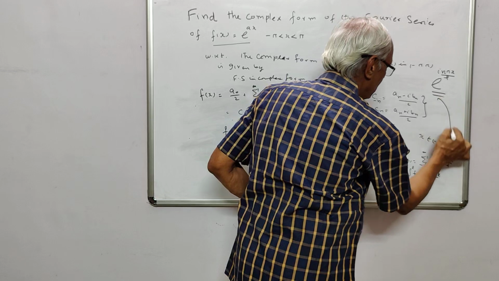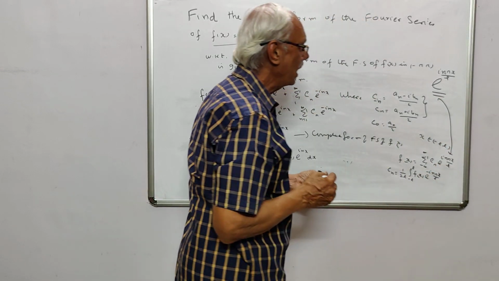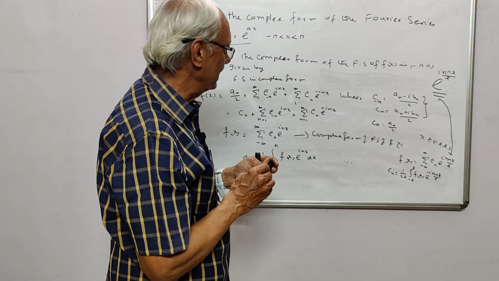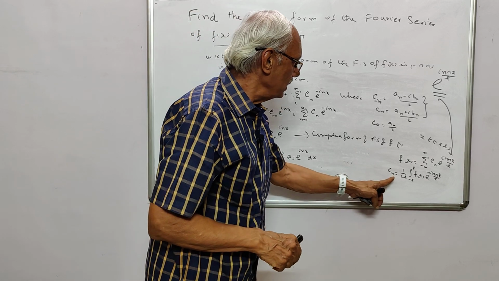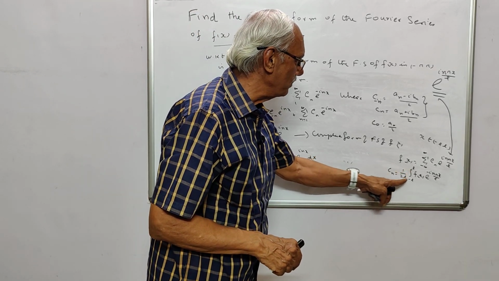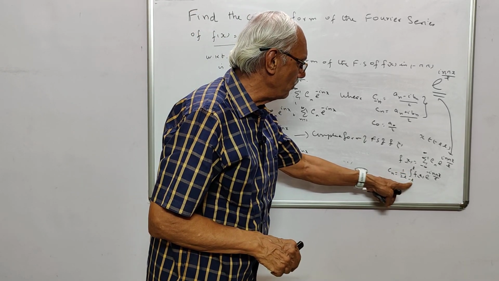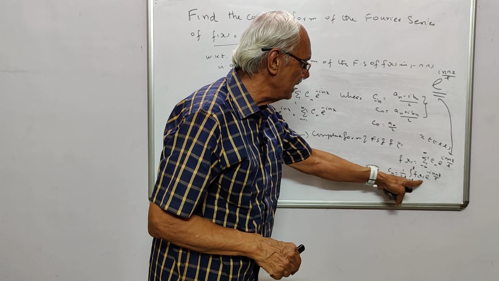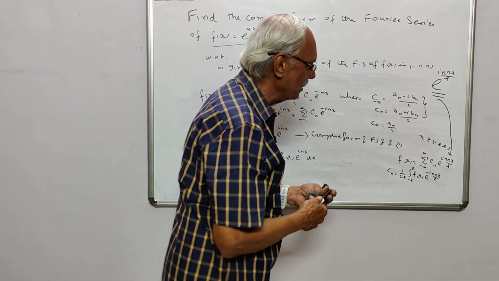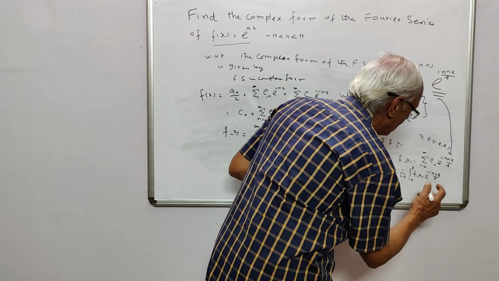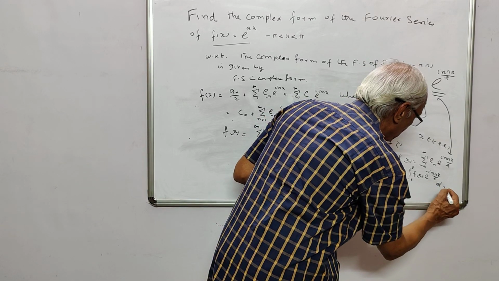And your C n value will be equal to 1 by 2L integral of minus L to plus L of f of x into e to the power of minus I n pi x by L dx.